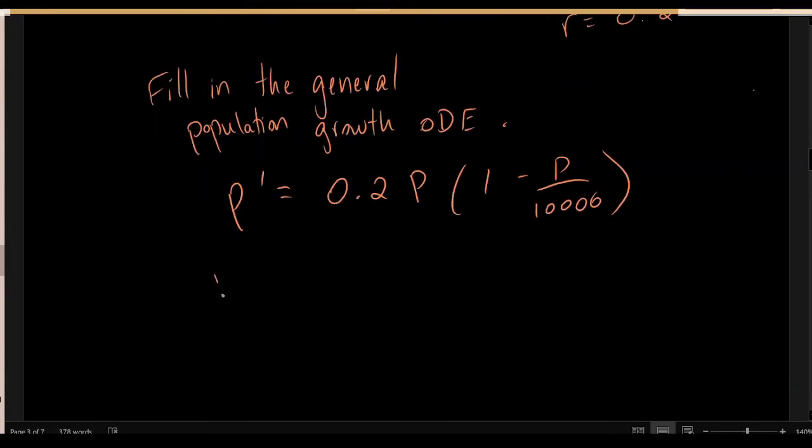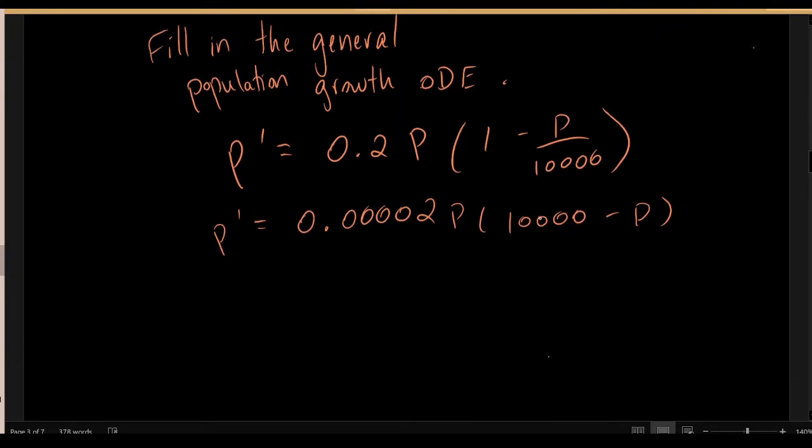I'm just going to quickly simplify this a little bit and rewrite this as 0.00002 times p times 10,000 minus p, just factoring that 10,000 outside of the parentheses and incorporating it with the 0.2.